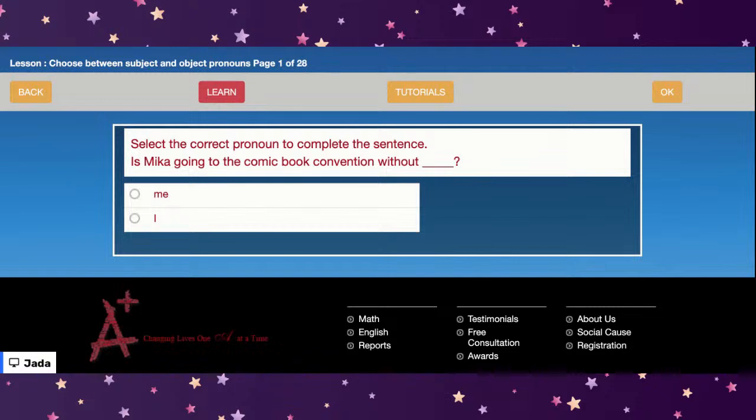Everybody share your answers on the chat so that we can all participate. So are you going to the book convention without me? Without is a preposition, so it will get the object pronoun me.